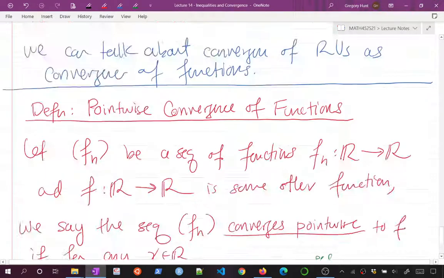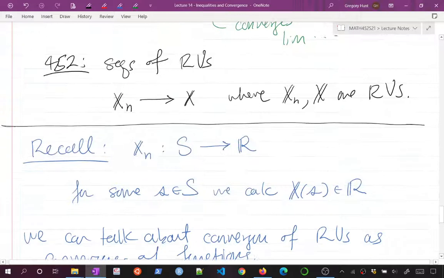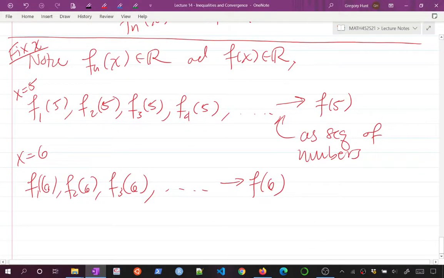It's just back to our Calc 2 definition here. And if we get convergence for any x, 5, 6, 1, pi, e, 1.7, if I look at the sequence as I increment my index of my function, and that sequence converges to f of x, the limit function evaluated at that same point, we say that we have pointwise convergence.